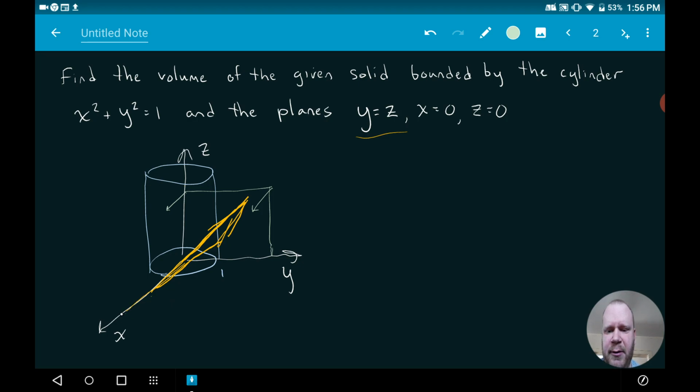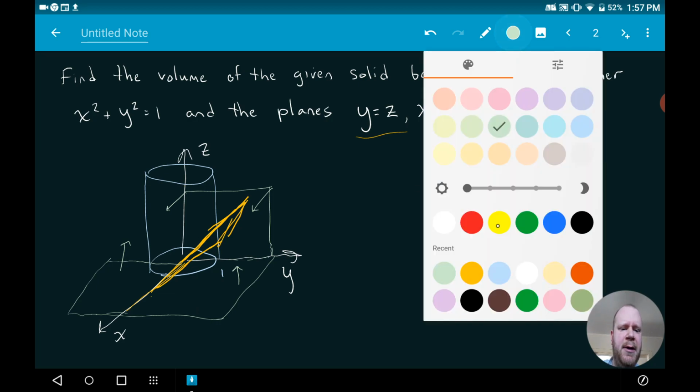And then it's also going to be z equals 0 bounded by that, so everything that's on here, I'm guessing everything above this plane here. So this is the resulting shape that we have.